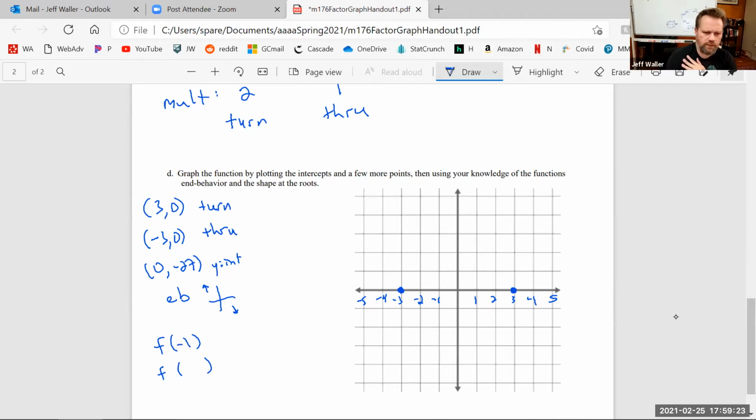Sure. -1 and? One. 1, sure. Or you can use -2 and 2 for some combination. I like it. You could even use -1.5. I don't know why you would, but you could.